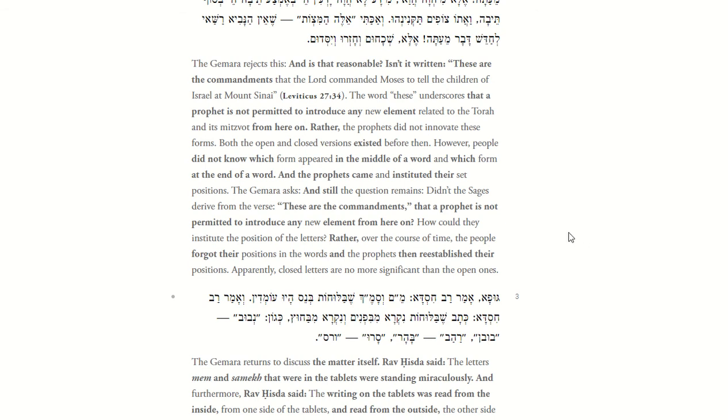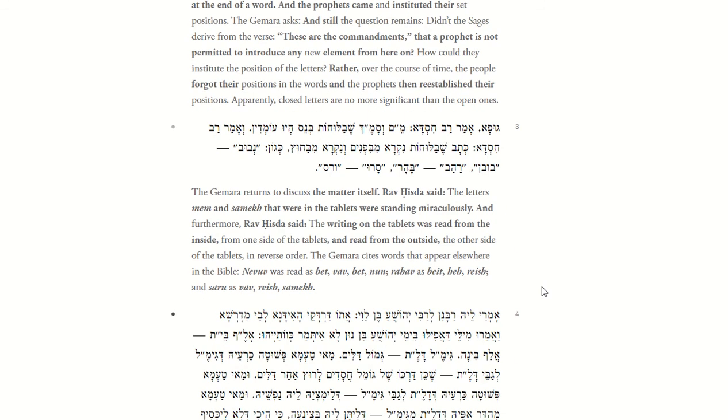All right, so this is kind of the conclusion that they've come to. So supposedly, they just forgot what went where. So when they brought it back, it wasn't like a new thing. They just brought it back. So it's kind of interesting how they are rendering each of these levels of significance based on when they started and who established them.